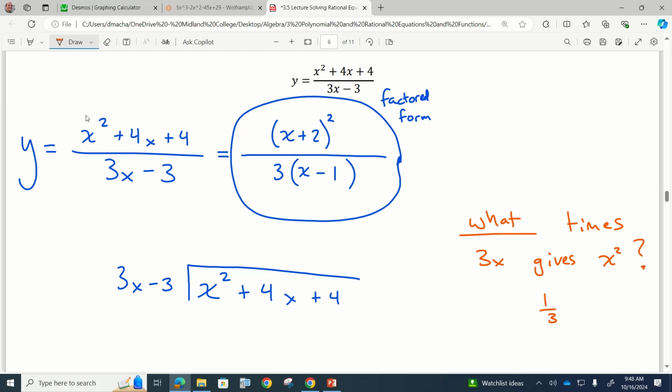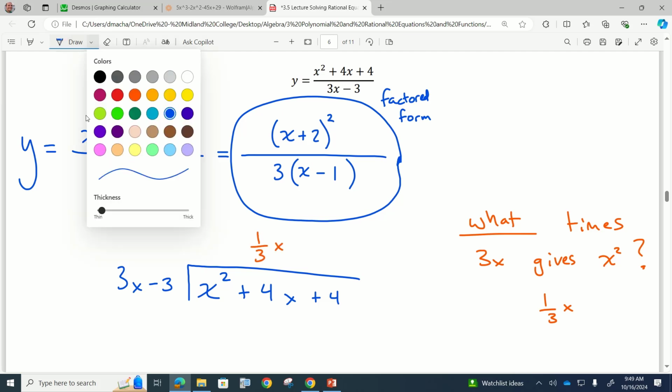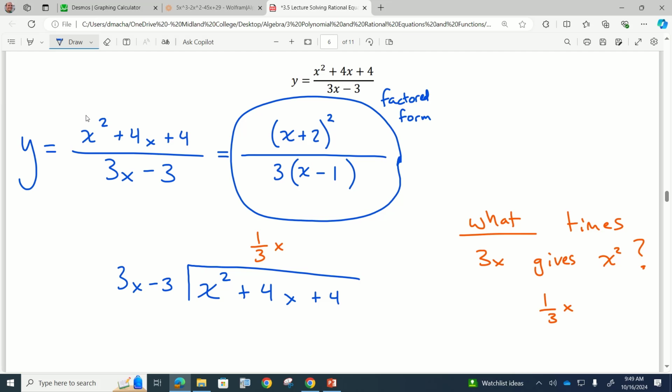Yeah, 1/3 x. And that way, 1/3 x times 3x gives me 1x squared. And also 1/3 x times negative 3 gives me minus x. Because the 1/3 and the 3's cancel.